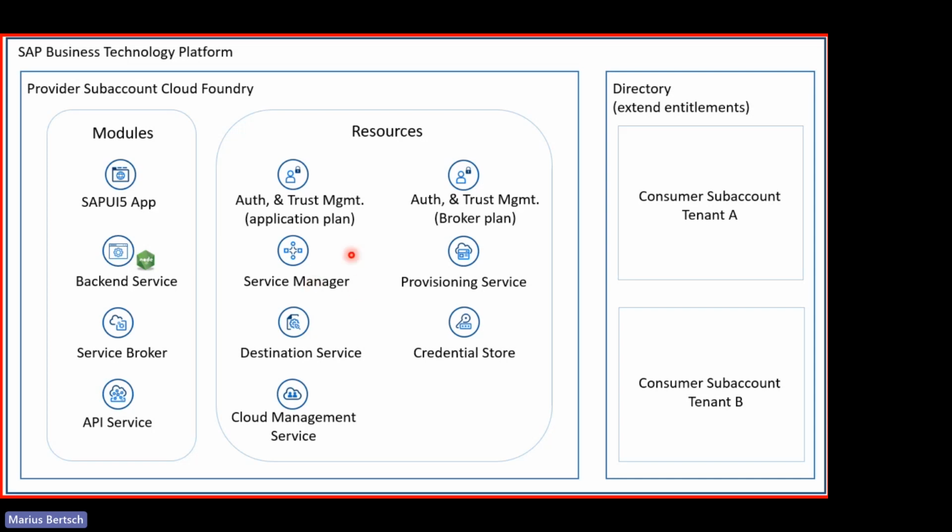And in the destination, we have an authorization implemented, so when you call the destination, you are directly authorized. And last, we have the credential store, where you store the credentials, like the client ID or client secret, so you don't have to hard code it in the backend.